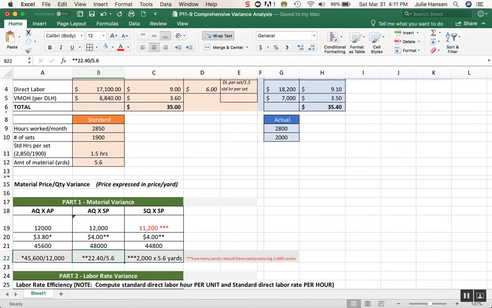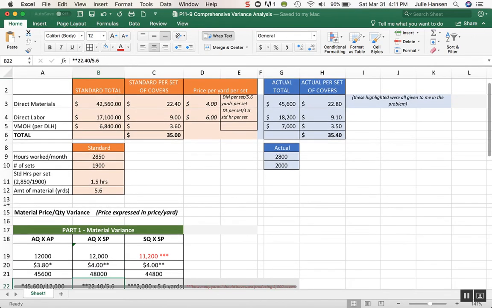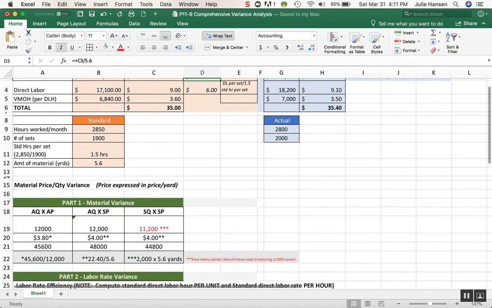I need to calculate that on a yardage basis. So that's where I got my $4 there. So you can see there's two asterisks there, and that's what I've described up there. And you can also see that that's what I attempted to do here. So I don't know if I confused you or made it more straightforward, but that's what I get down here.